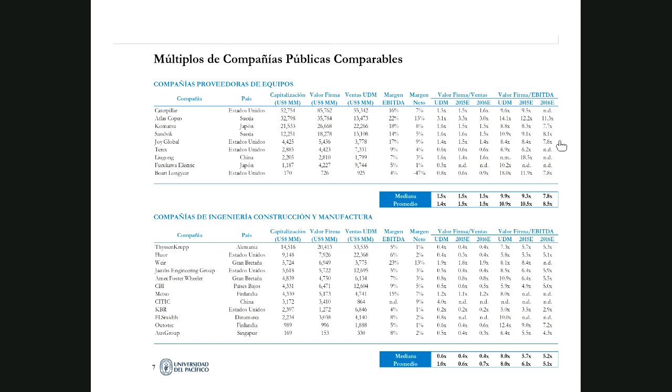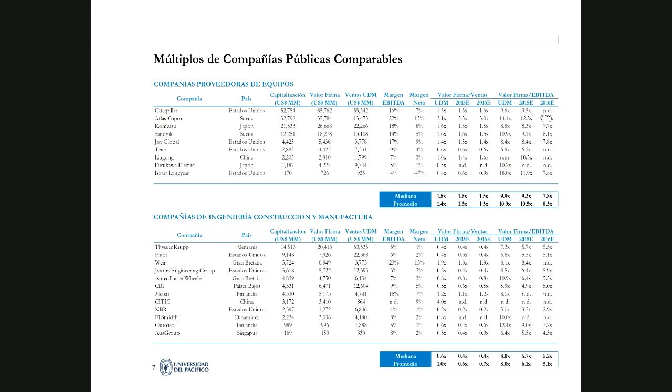This is for companies providing equipment, for example, Caterpillar, Komatsu, etc. At what levels they were trading, what is their market cap, what is their firm value, what is their last 12 months sales, what is their EBITDA margin, what is their net margin, and then some multiples for the last 12 months and for 2 years in terms of sales and in terms of firm value to EBITDA.